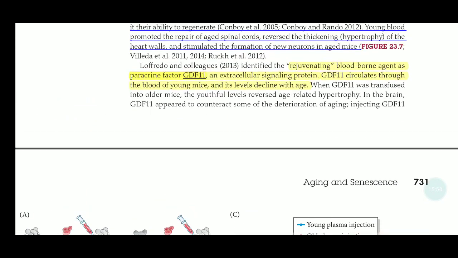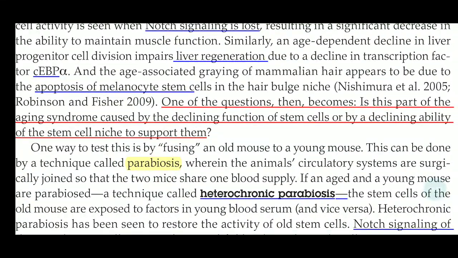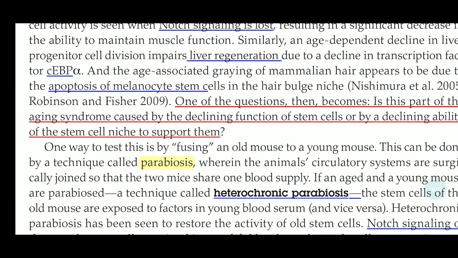So the question here is whether aging syndrome is caused by declining function of the stem cell, that means the function of the stem cell is decreased, or by the declining ability of the stem cell niche which supports them.